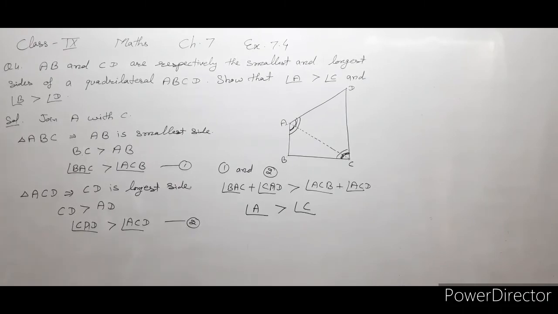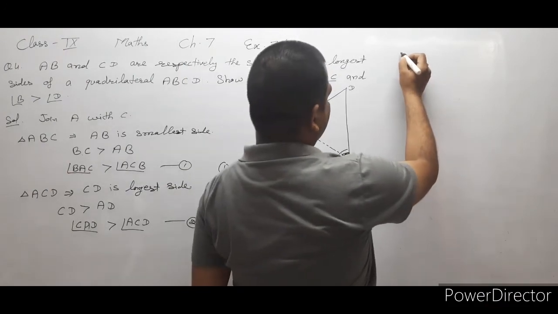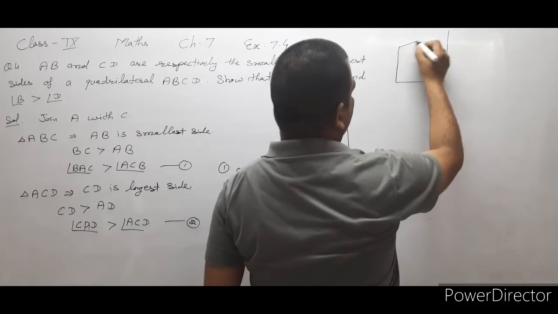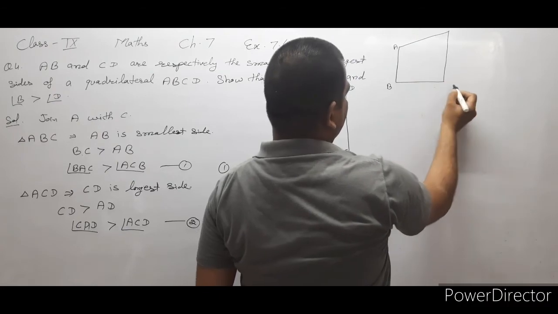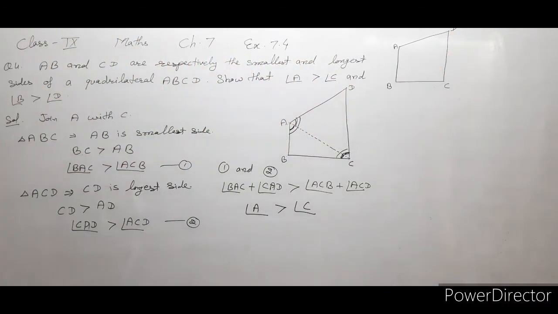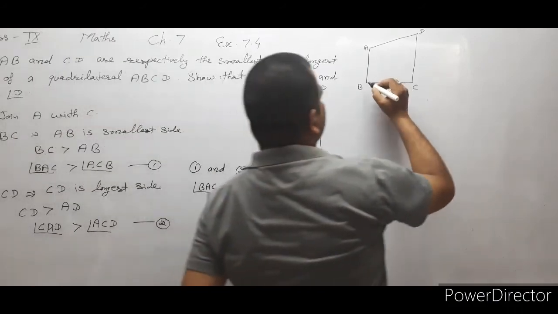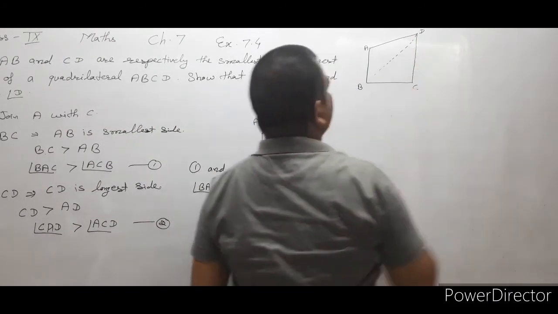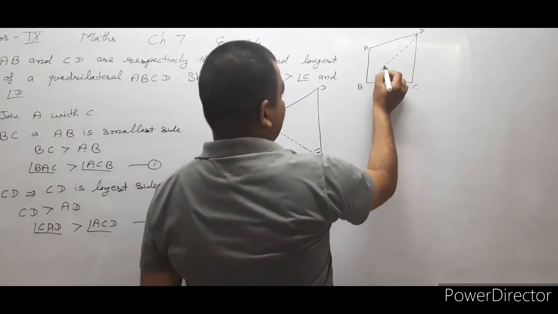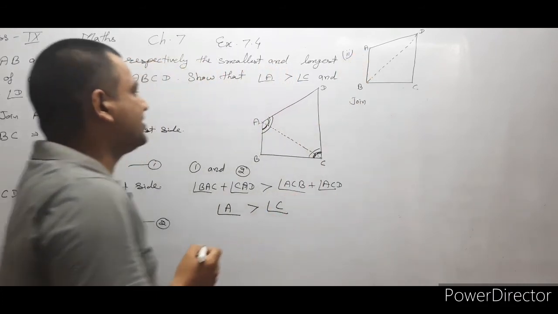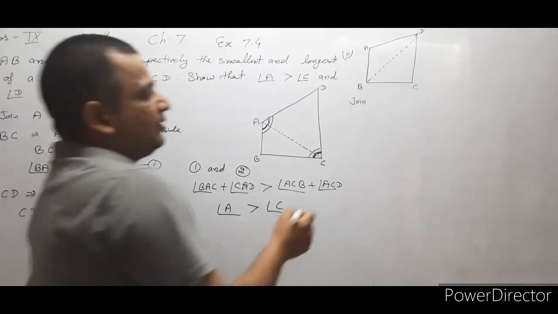So again we'll draw this diagram, A, B, C, D. Now we want to prove that angle B is greater than angle D, and to prove this, we will join B with D.